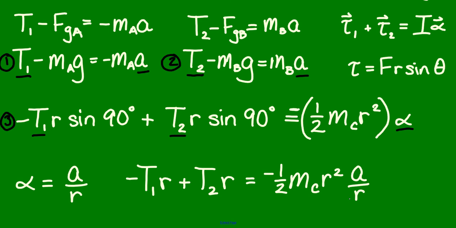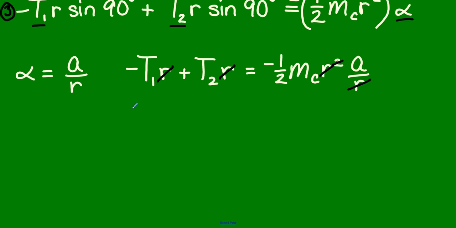Before I do that algebra, I'll notice that this R cancels out with the squared here. And also, I'll then notice that there's an R in every term in my torque equation. So that means that if I divide both sides of my equation by R, this R, and this R would all cancel. Let's write that torque equation one more time, taking into account all these things that we've canceled out.